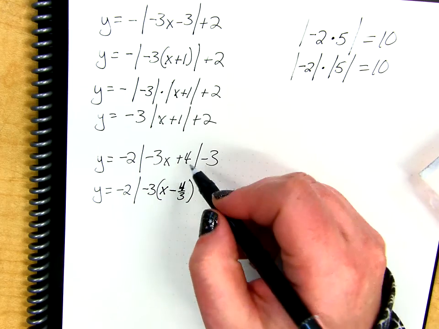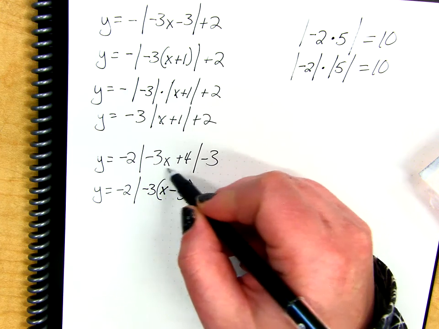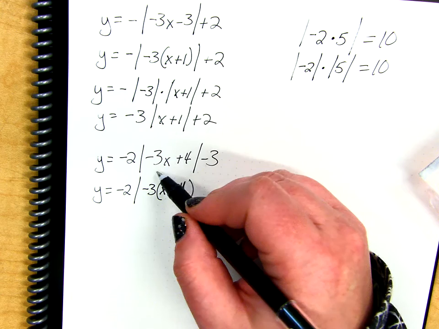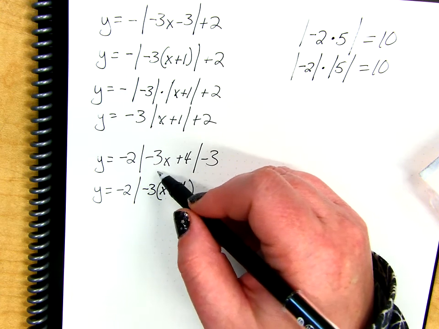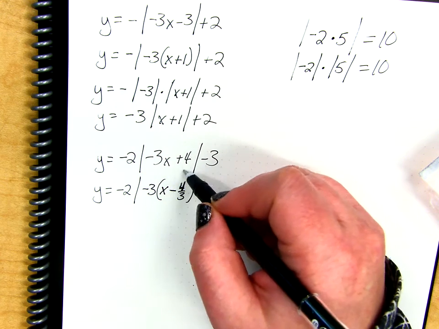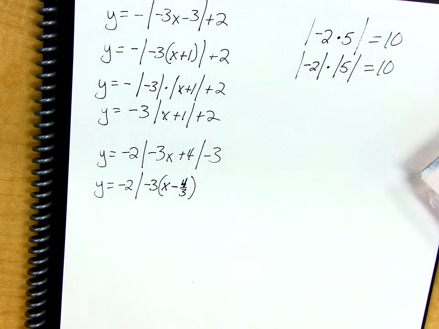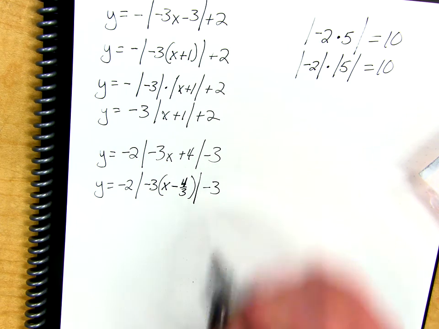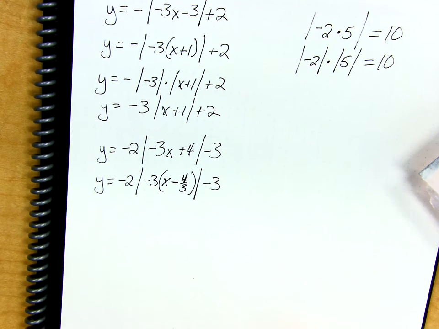So when they're not nice like this, it's helpful to remember that I'm just dividing both of these terms by whatever that is. I divide this by a negative 3, so it just turns into a 1. Divide this by a negative 3, and that's how I got the negative 4/3. Hopefully that's helpful. And then I'll just bring down the minus 3.